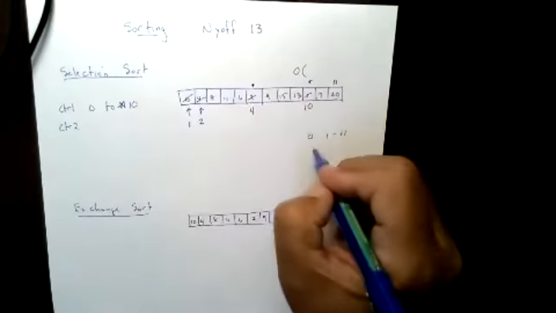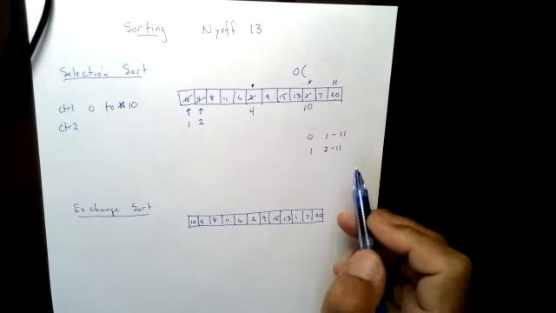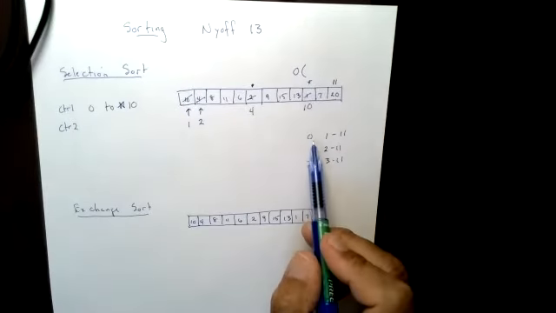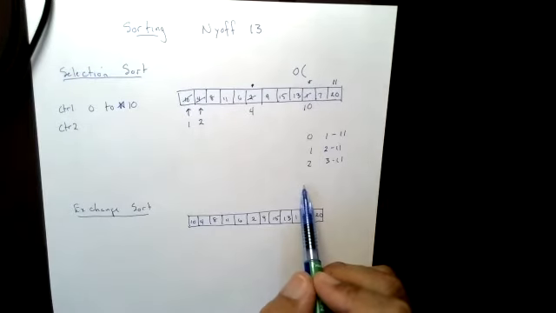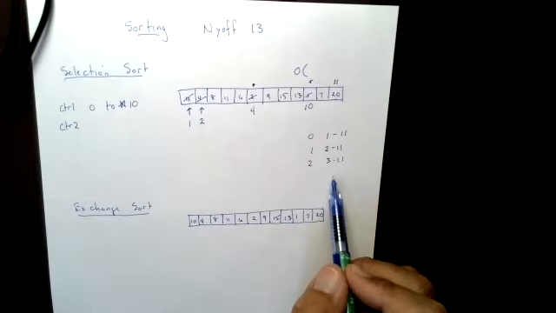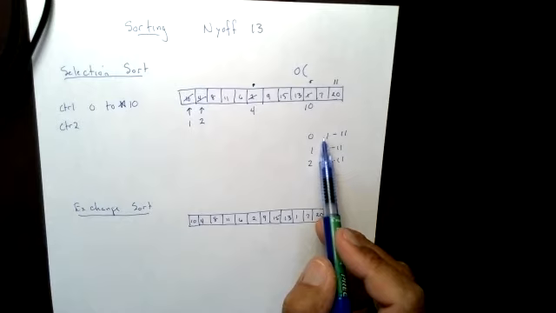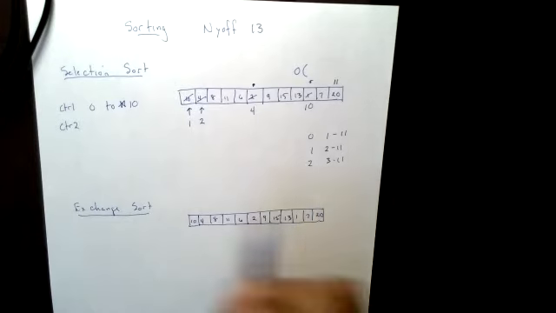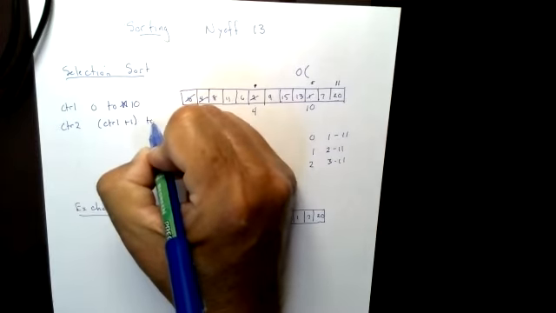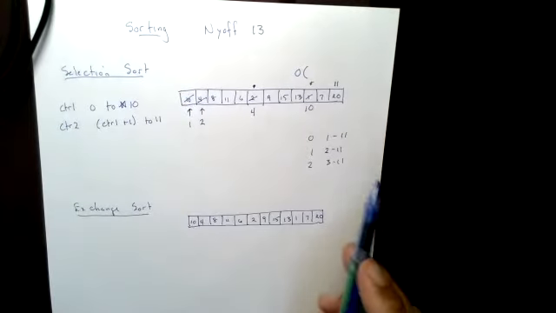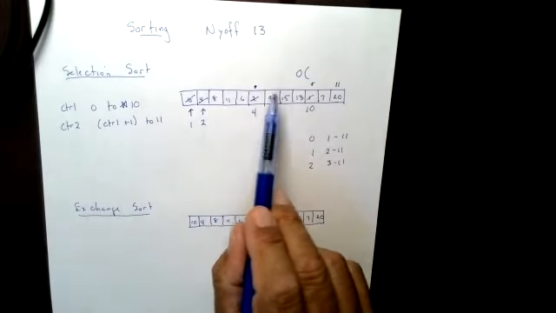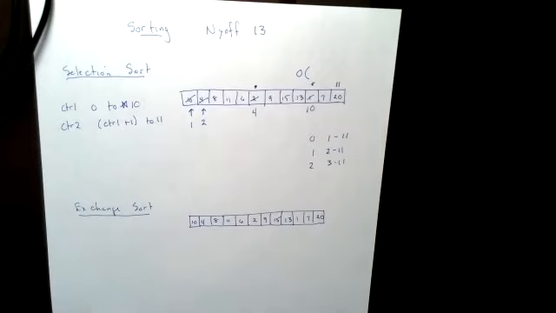Then I moved over to 1 and looked at 2 to 11. Then I went to 2 and looked at 3 to 11. I tracked where the smallest one was, and I swapped it with whatever the outer counter's location was.